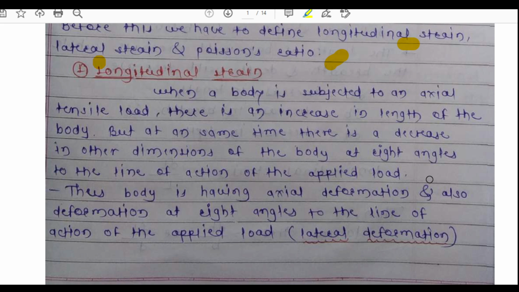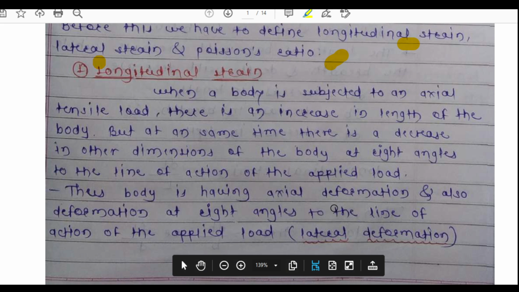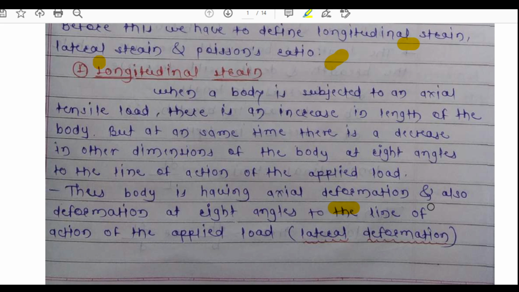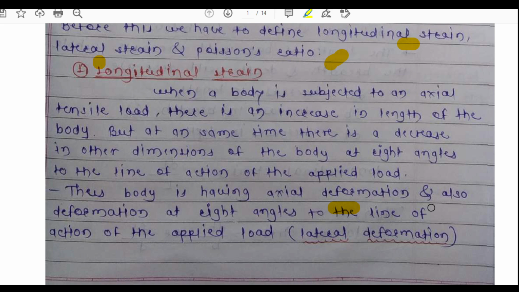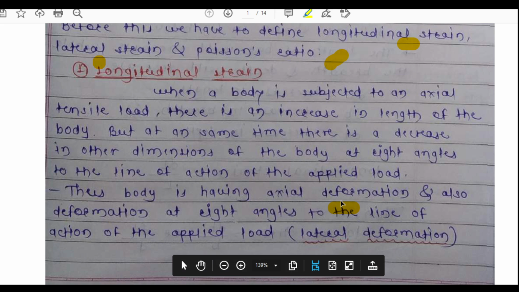Now the body here is having the axial deformation. And there is deformation at the right angle also. ओके, राइट एंगल पे भी क्या होगा, डिफॉर्मेशन होगा, बट एट द सेम टाइम एक्सिस जो है, लाइन ऑफ एक्शन का जो एक्सिस है, उस एक्सिस पे भी क्या होगा, आपका डिफॉर्मेशन होगा. दैट डिफॉर्मेशन इज कॉल्ड एज अ एक्सियल डिफॉर्मेशन.